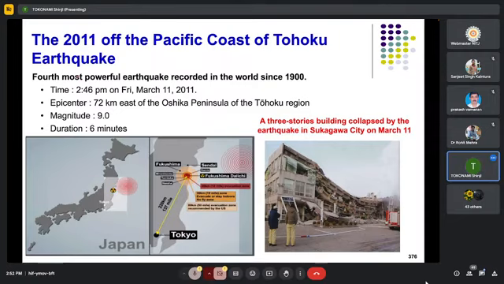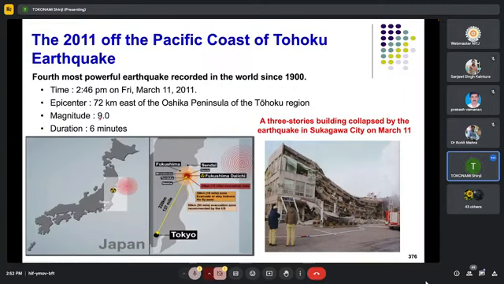This was the fourth most powerful earthquake recorded in the world since 1900. The time was 2:46 p.m. on Friday, March 11th, 2011.